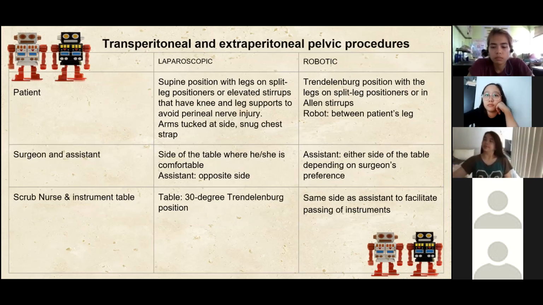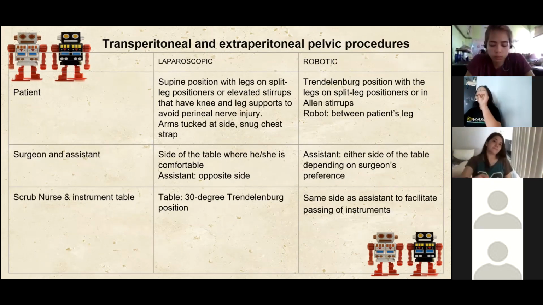For your transperitoneal and extraperitoneal pelvic procedures, for your laparoscopic, the patient is in supine position with legs on split leg positioners or elevated stirrups that have knee and leg supports to avoid peroneal nerve injury. The arms must be tucked at the side, and there must be a snug chest strap. The surgeon and assistant at the side of the table where he or she is comfortable, and the assistant at the opposite side.